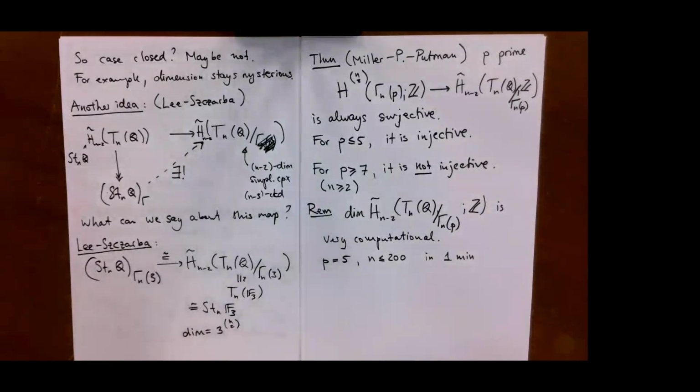Okay, maybe this is a good point to have questions if there are any. Yeah. There is no formula like this. So we have a recursion formula that computes the dimension of this quite fast.